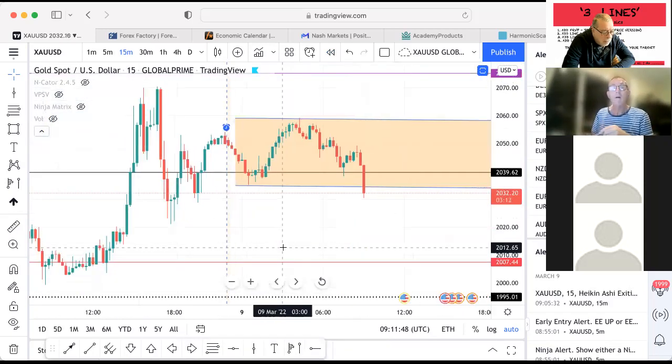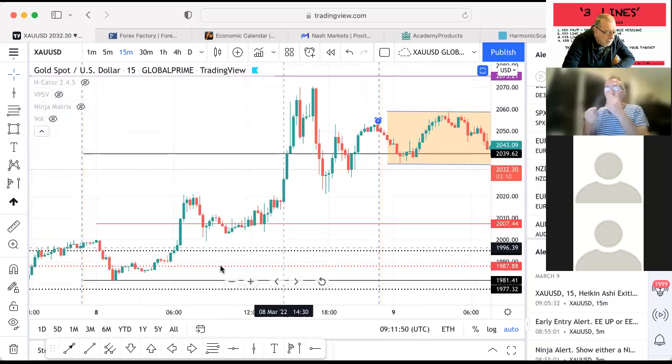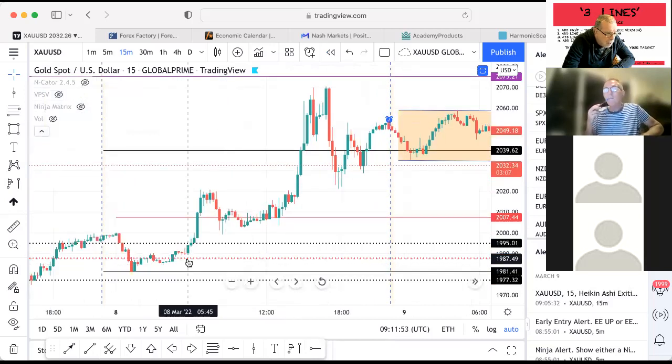Okay, so that's today, this is yesterday. So you see this dotted line here, that this was the previous day's point of control. So we're looking at a candle that's gone away from the point of control, and there's a gap. So that's part of Anastasia's strategy.